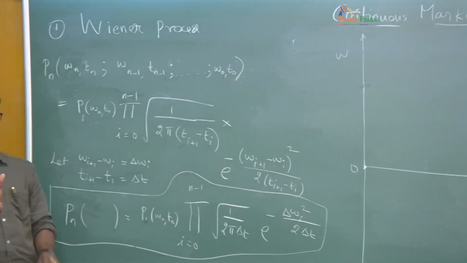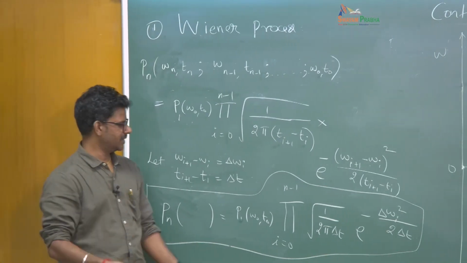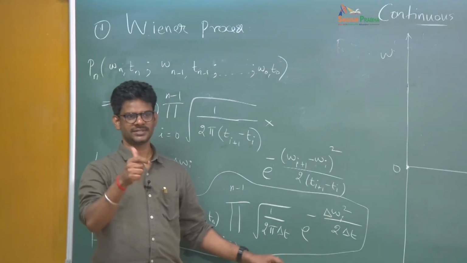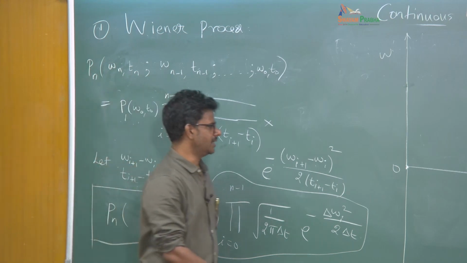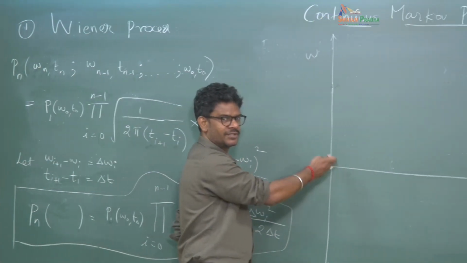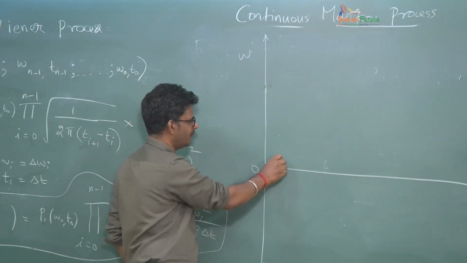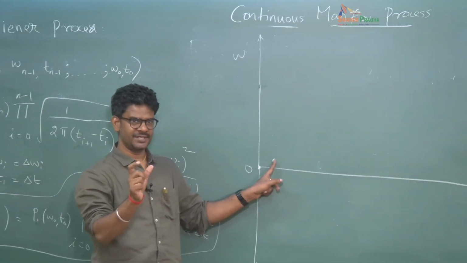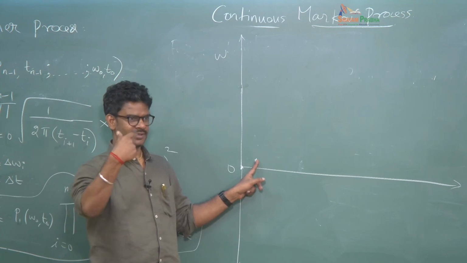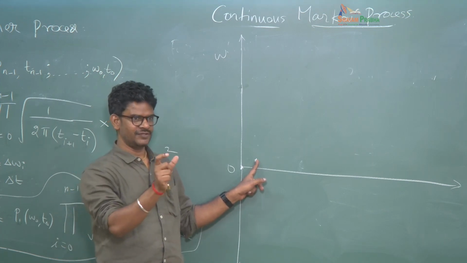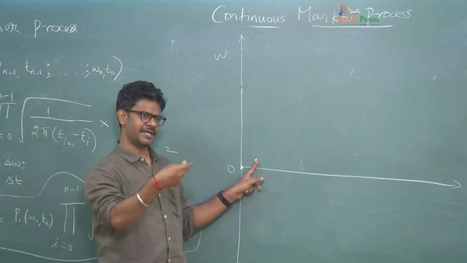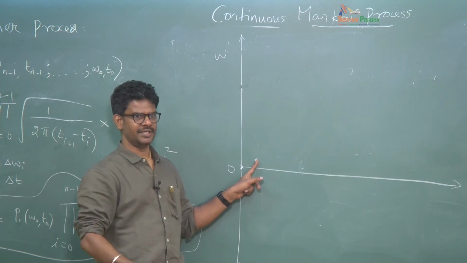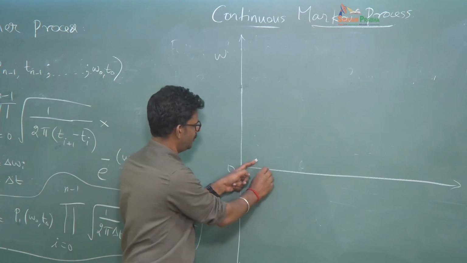Choose a small delta t, and then using the delta t you can sample what delta w is. Delta w can be either positive or negative because it's a Gaussian random variable. So maybe you find your particle here. Then from here, for the same delta t, you call another Gaussian random number, which will be a delta w for the next time step. That can also be plus or minus depending upon the variable. So you may land here.